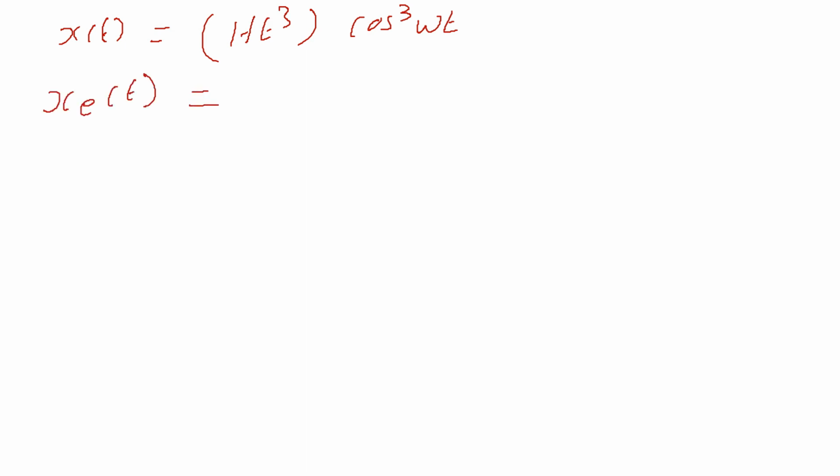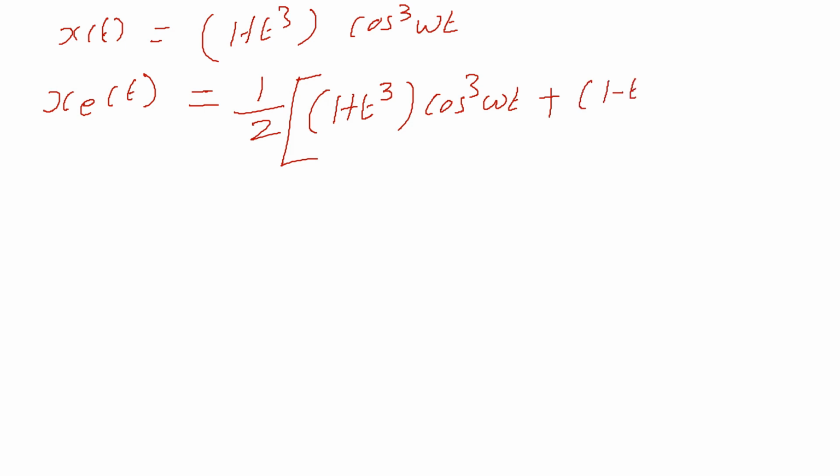I am not going to write the formula again and again, so please refer to the previous slide. So xe of t, I am going to directly write as half times 1 plus t cube cos cube omega t plus 1 minus t cube cos cube omega t.